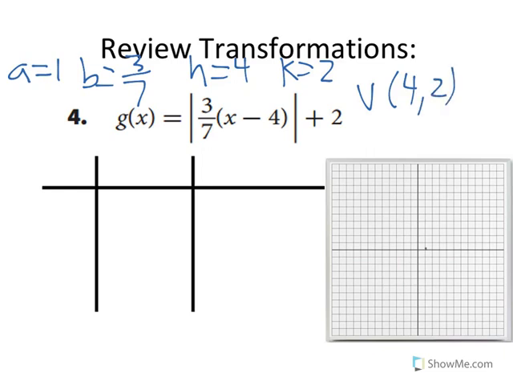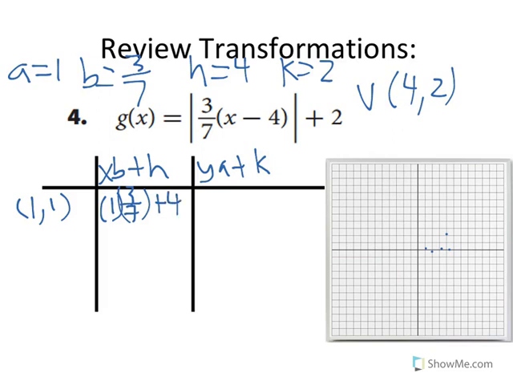So 1, 2, 3, 4, 2 is here. So our transform, same thing, (xb + h, ya + k). So we have 1 times 3/7 plus 4, 1 times 1 plus 2. So this is 4 and 3/7.